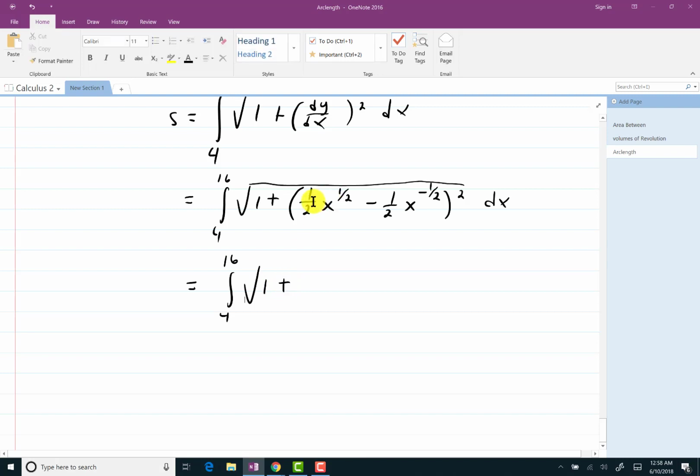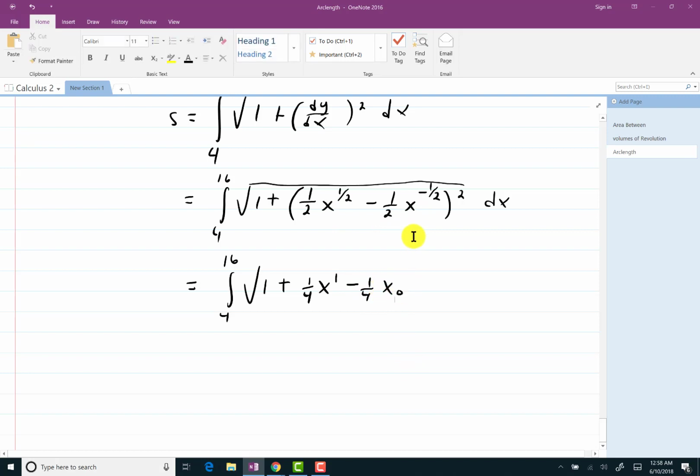So the first thing you're going to have is the first, which would be this thing times itself. So I'm going to get 1/4 x to the 1. And then you're going to have the outer thing, which will be this thing times this thing. So I'm going to get 1/4 x to the 0, so minus 1/4 x to the 0.